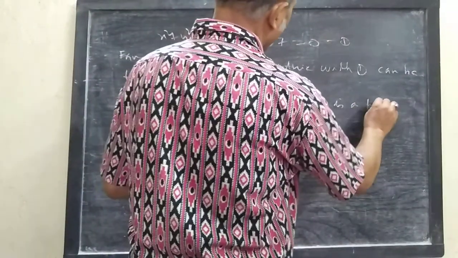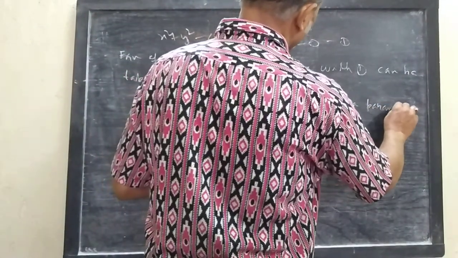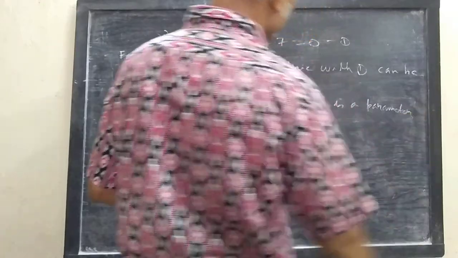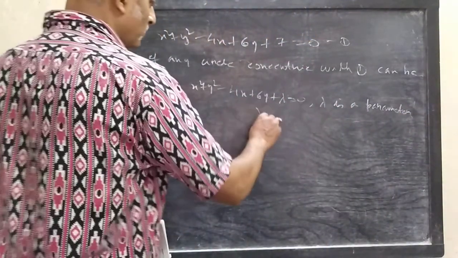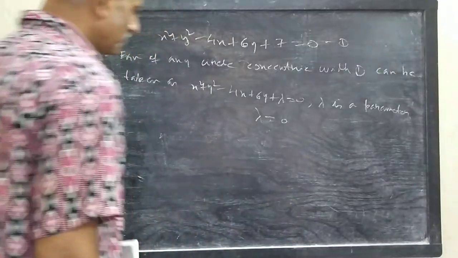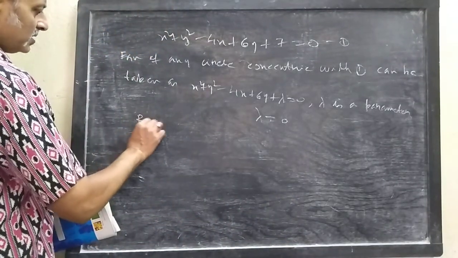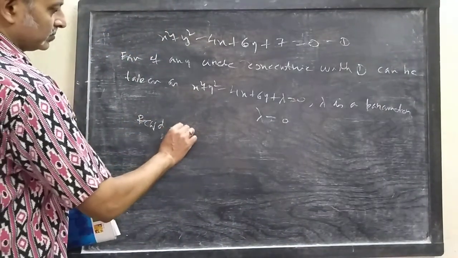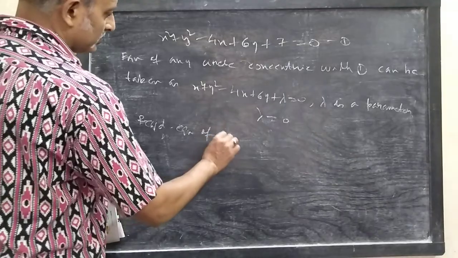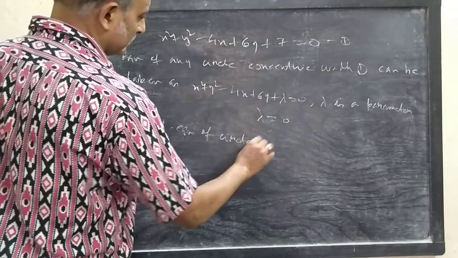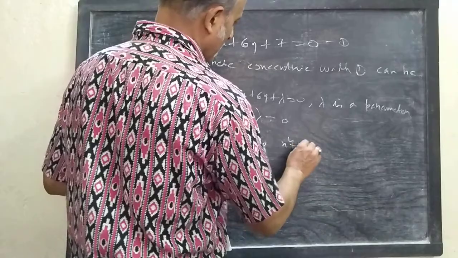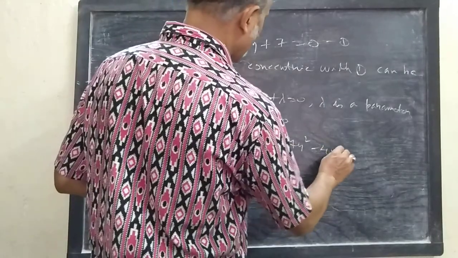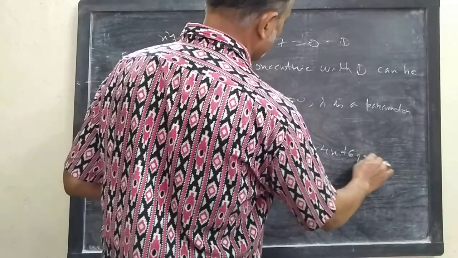Lambda is a parameter. Now, as the circle passes through the origin, you must have lambda equals 0. So the required equation of the circle is x square plus y square minus 4x plus 6y equals 0.